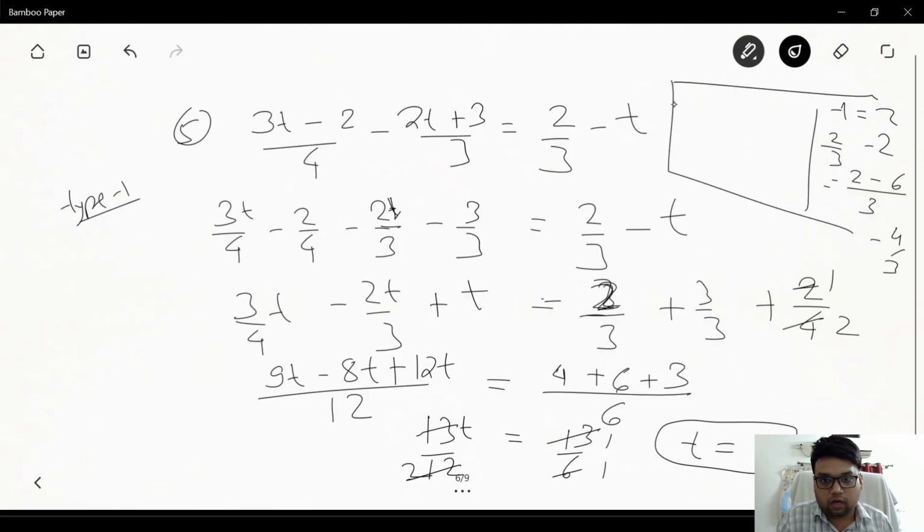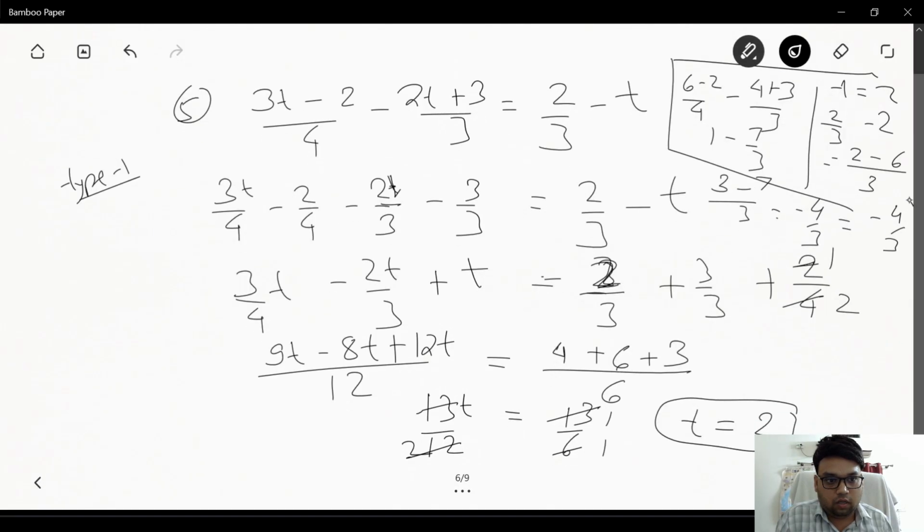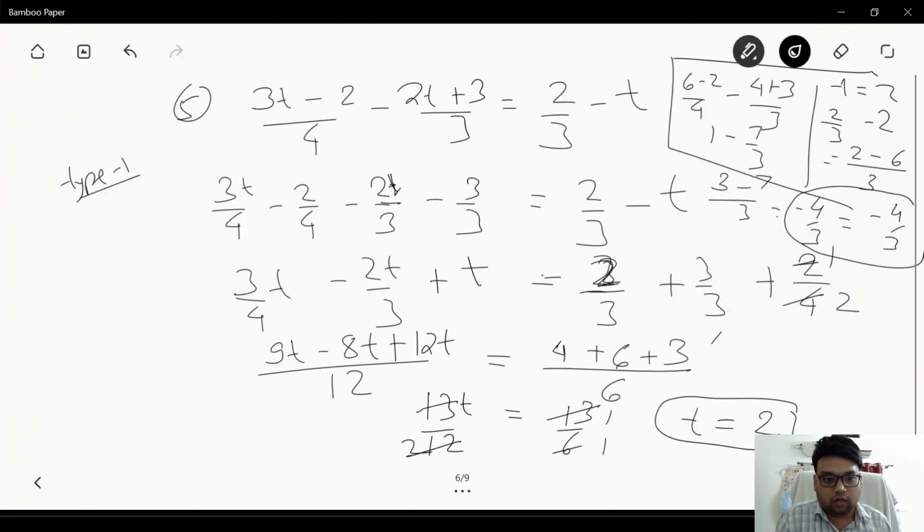On the left hand side, with t equal to 2: (6 minus 2) by 4 minus (4 plus 3) by 3. So 1 minus 7 by 3, then (3 minus 7) by 3 becomes minus 4 by 3. So ultimately the result is the same: left hand side is equal to right hand side.